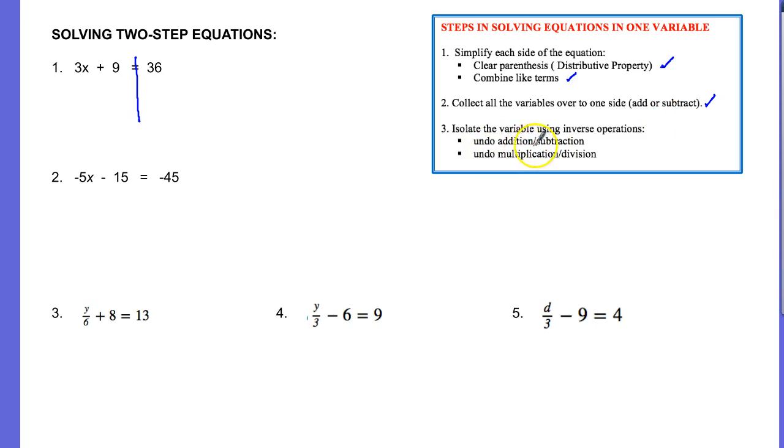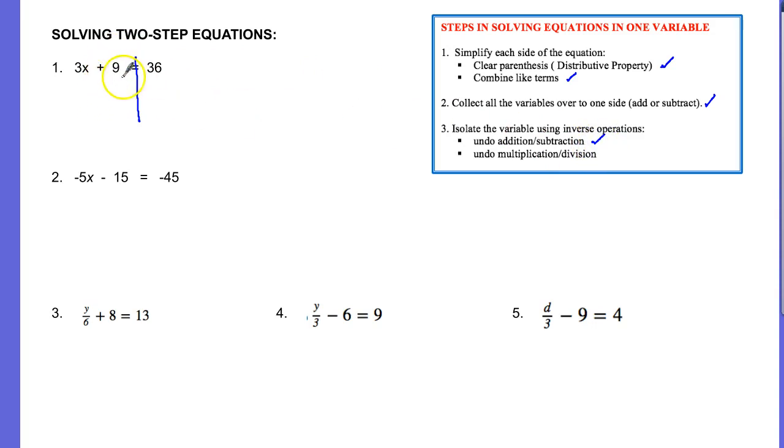Next, you're going to isolate your variable. So your variable x is on the left side. You want x to be by itself, right? Right now, you have 9 and you have 3 to get rid of. So first, you have to get rid of that 9. You will undo first that addition.